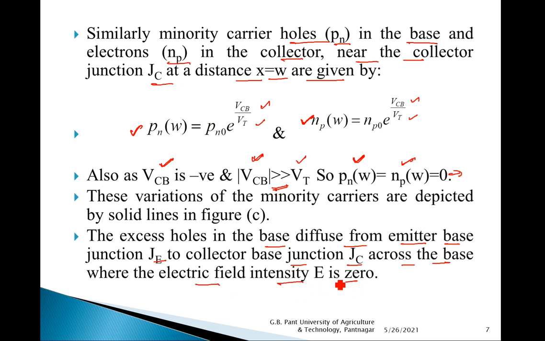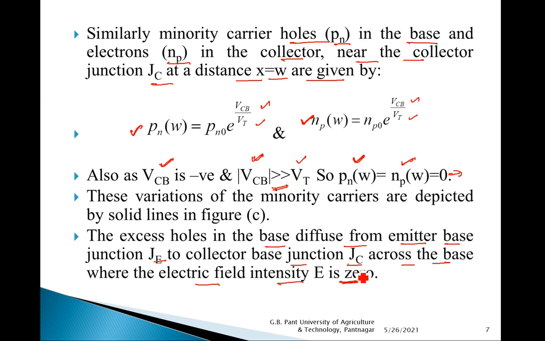Because of the biasing voltages, some of the holes which come from the emitter region get intermixed with the electrons in the base region, and mainly the excess holes in the base region diffuse from the emitter base junction JE to the collector base junction JC across the base region, where the applied electric field intensity is 0.